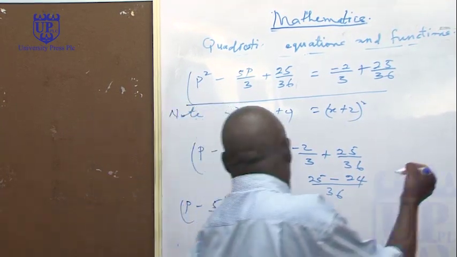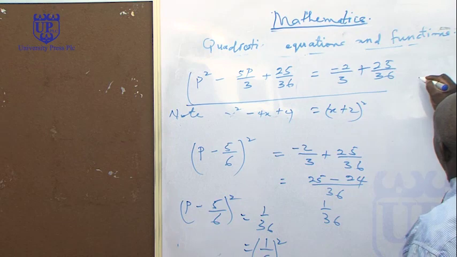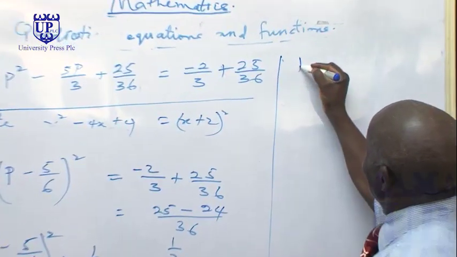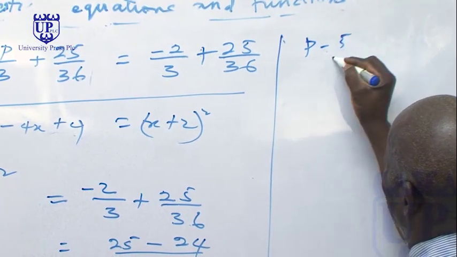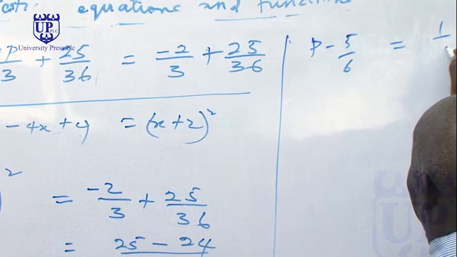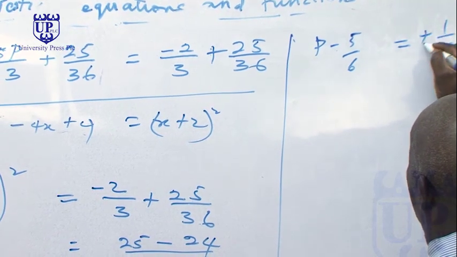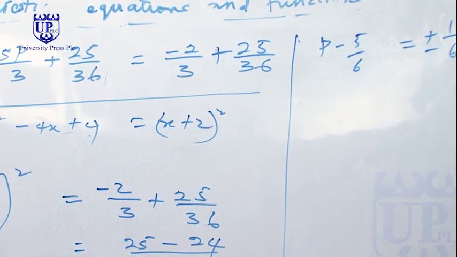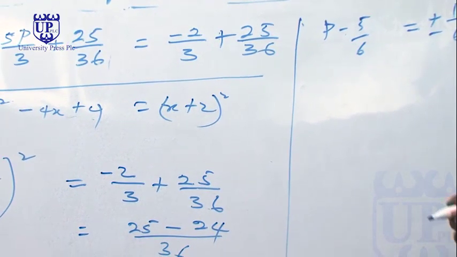P minus, the square root disappears. You have P minus 5 over 6 equals 1 over 6, plus and minus.